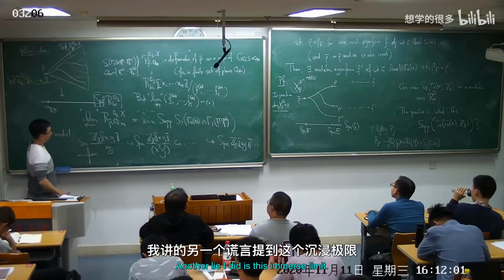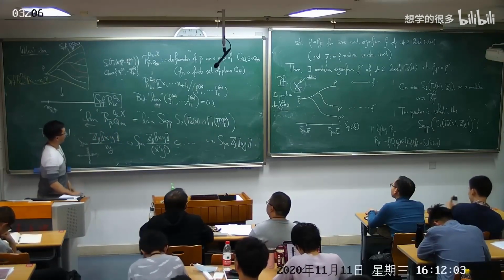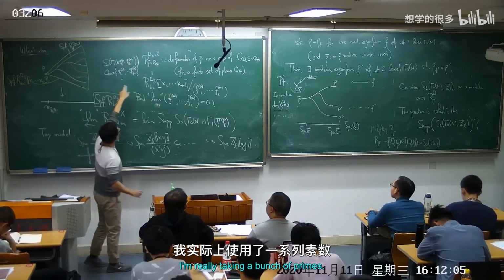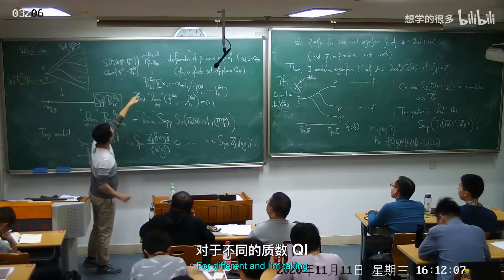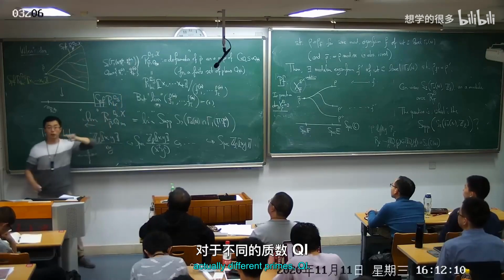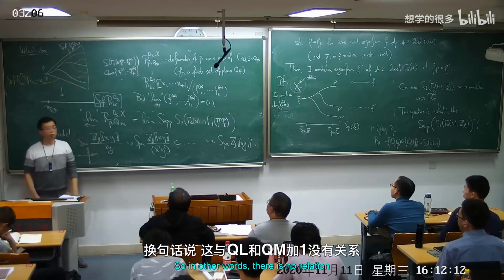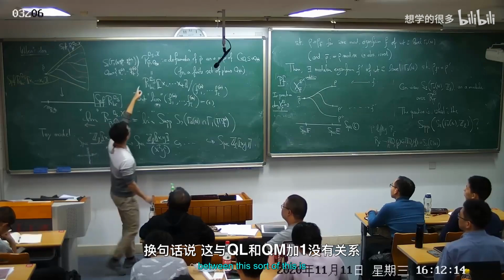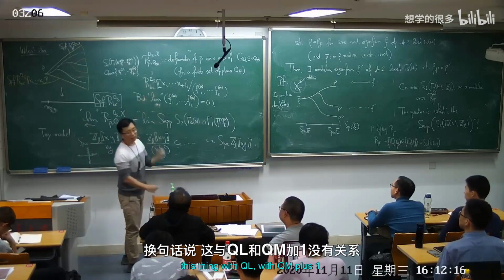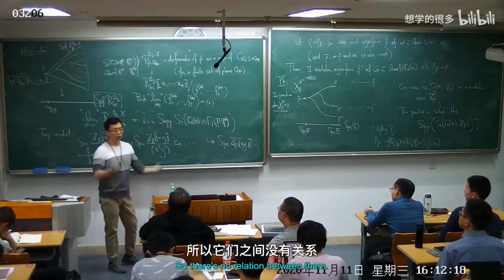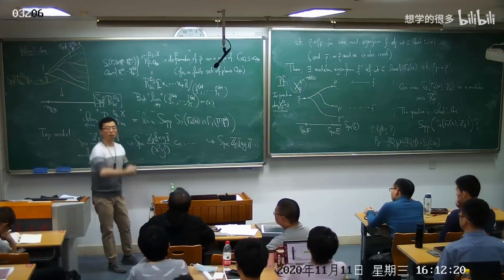Another lie I told is this inverse limit. I'm really taking a bunch of primes. For different M, I'm taking different primes, Q_M. So there is no relation between this R with Q_M and this one with Q_{M+1}. There's no inverse system.